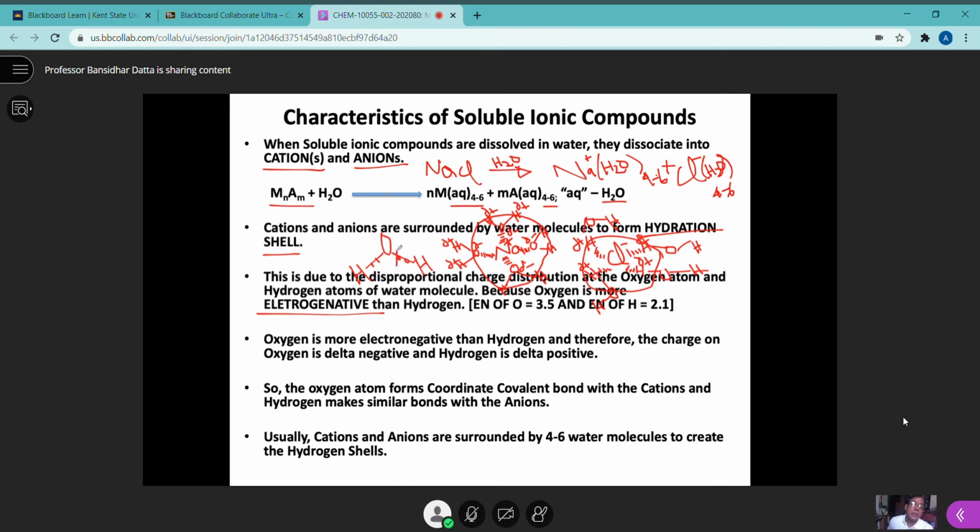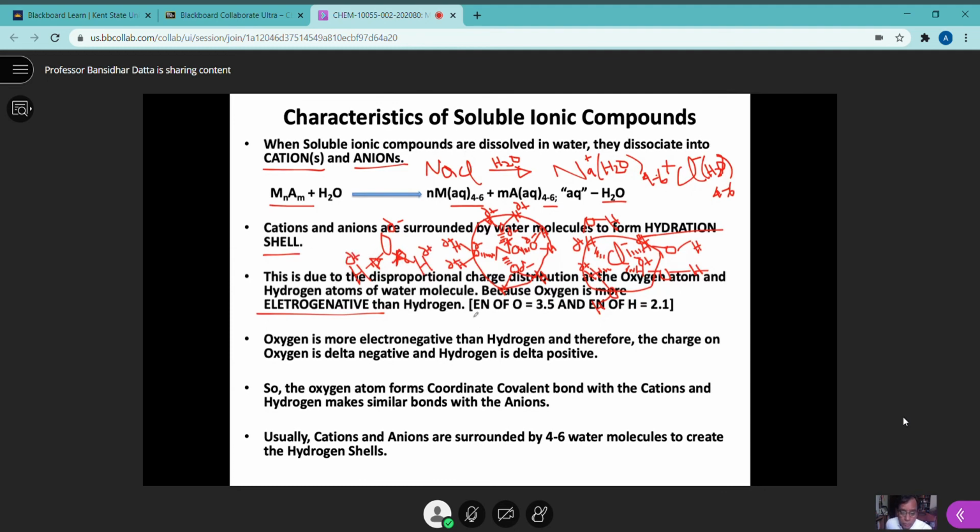So you have an arrow like this. The electron clouds are going towards the oxygen. Therefore oxygen becomes delta minus, and by default hydrogen is delta positive, because those electrons are going towards the oxygen.